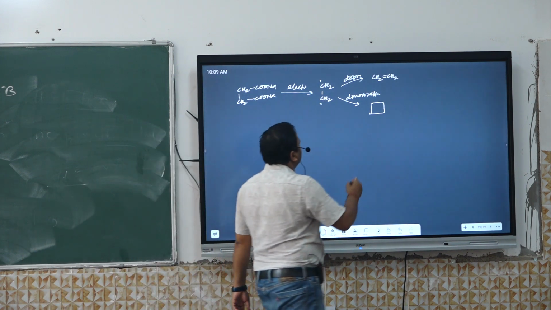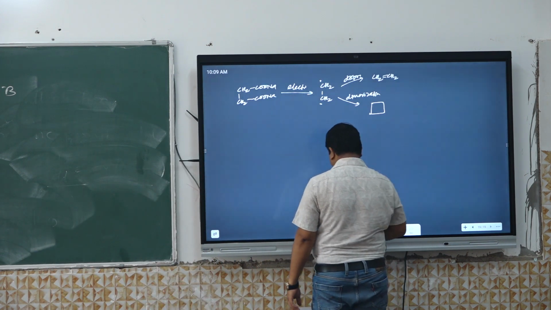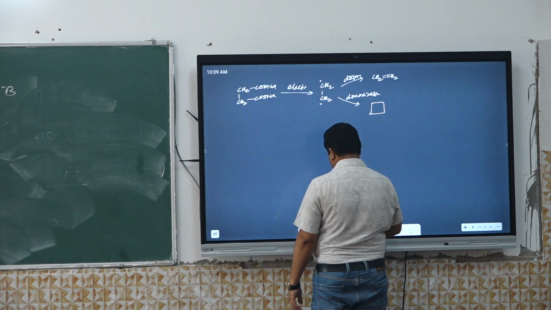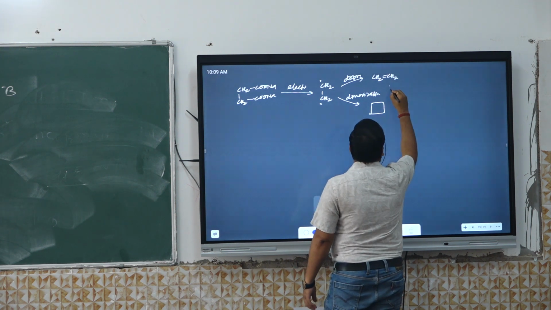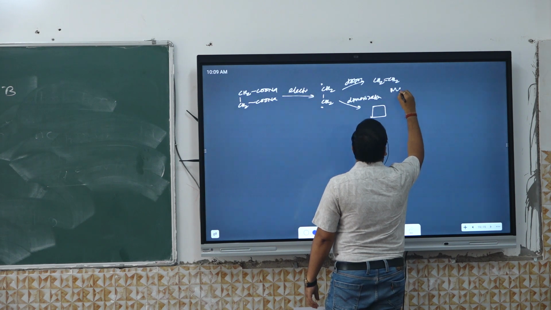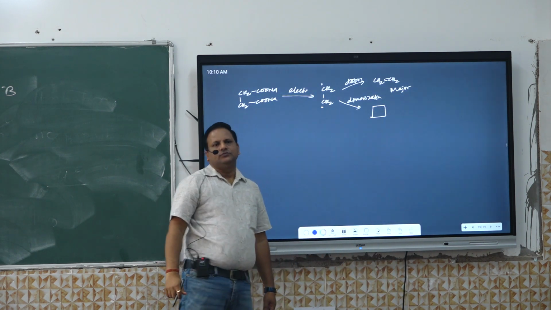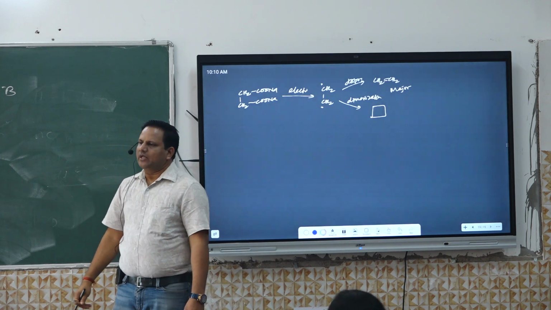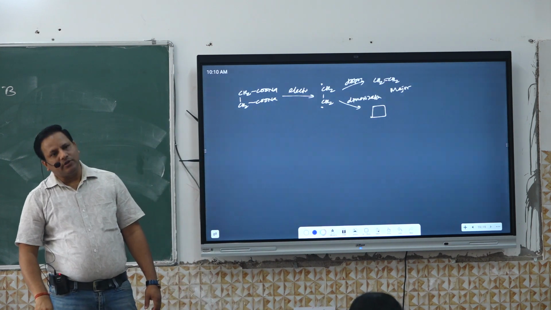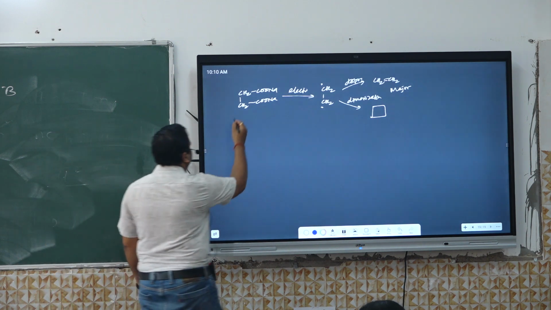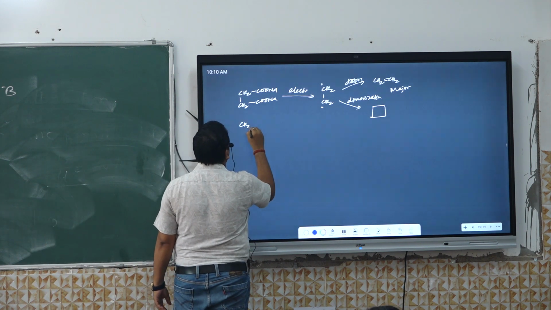So this is the major product. So we can prepare alkene by using Kolbe electrolysis. Now can you prepare alkyne? Here, in the beginning there was a double bond.